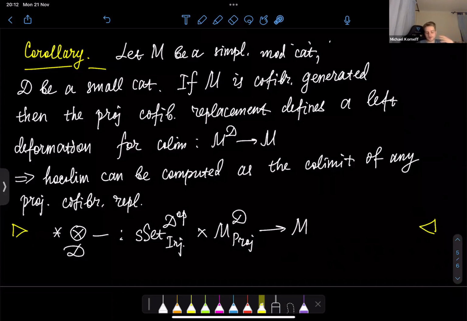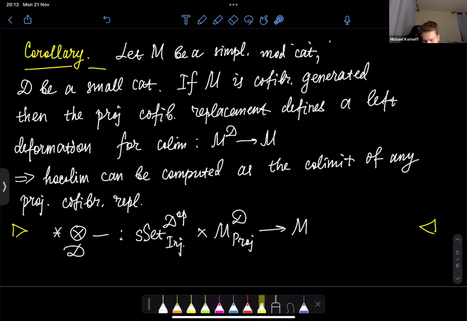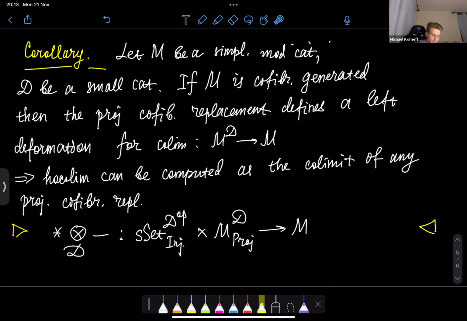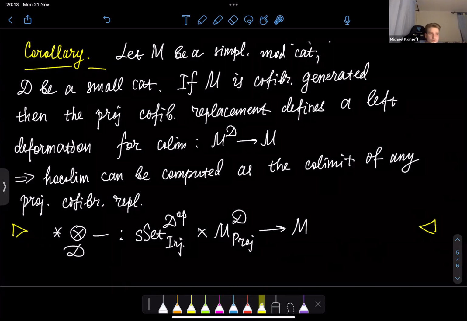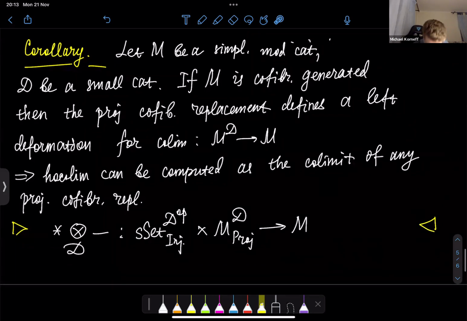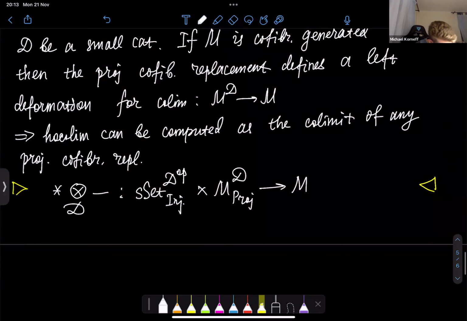And so for computing the homotopy colimit in the second approach, we can use just the bar construction.